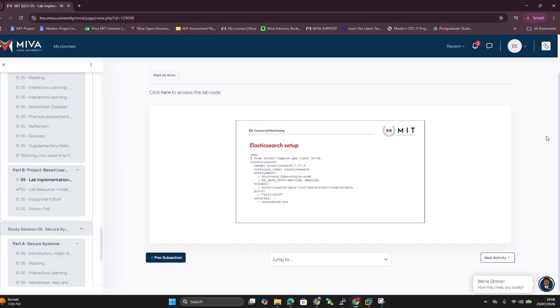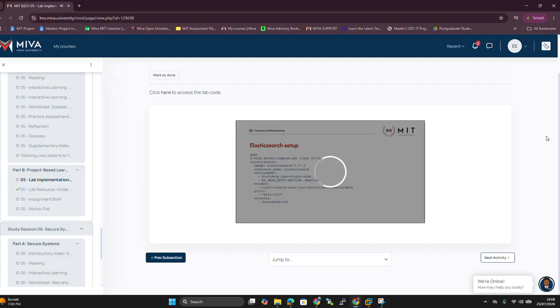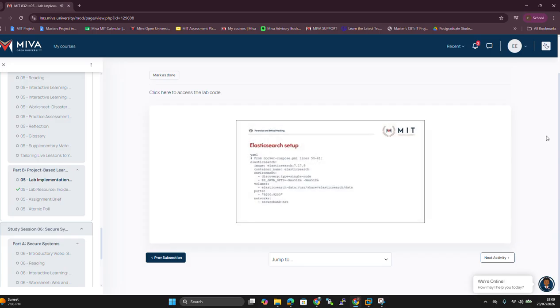Looking at the file between lines 50 and 60, we see the Elasticsearch being instantiated with an image name, then container name, and then the environment. The environment you're using is a single node environment.